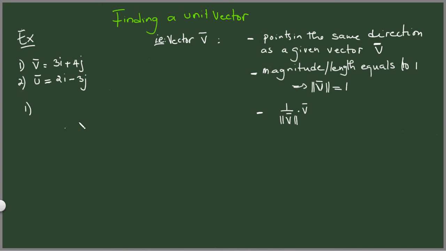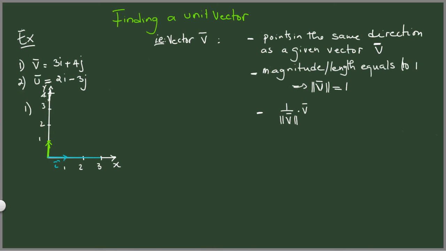Let us just draw this vector. The first vector could be drawn like this. It is 3i, so we have 3 in the direction of i, going this way. That's the x component of the vector.